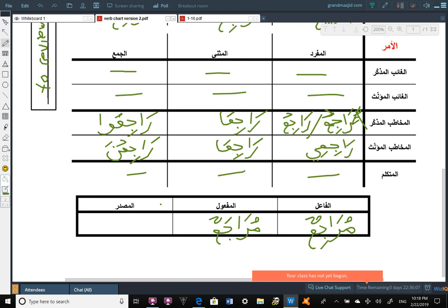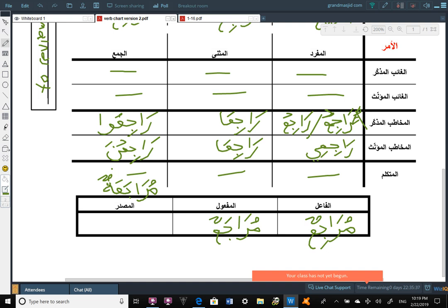It's not letting me write there today. Let me write it above the line. This is better. Muraja'a. That is your masdar. What are we doing with this verb? Muraja'a, review. Right? Mumarasa, practice.